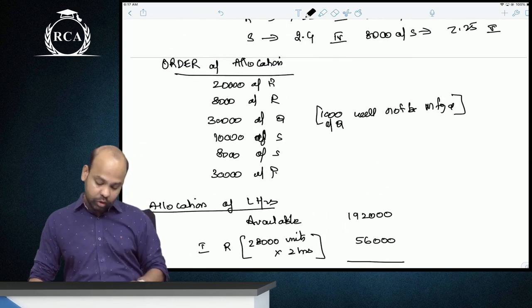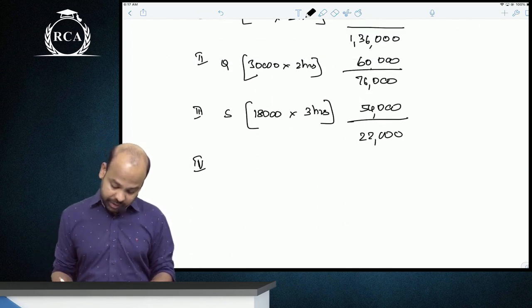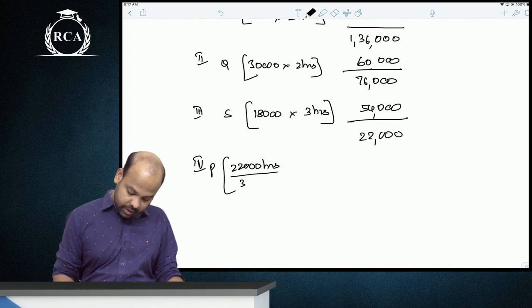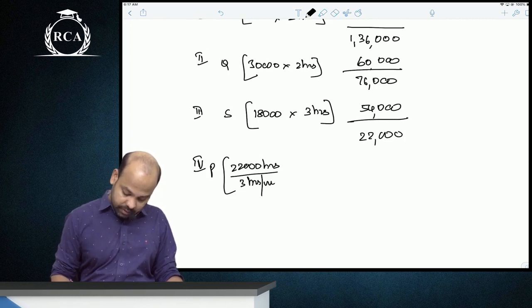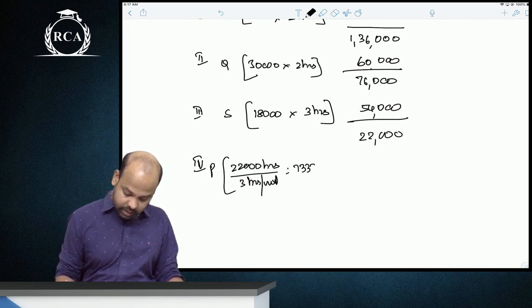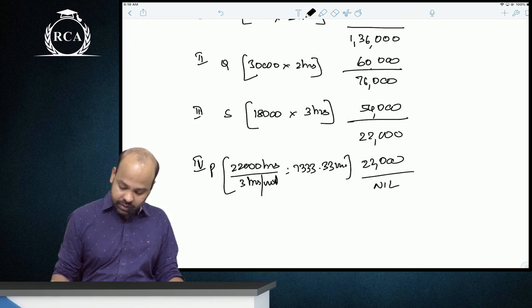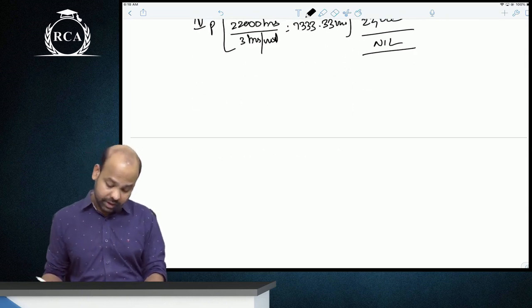I will not be able to cater to the entire demand of P. So for product P, 22,000 hours divided by 3 hours per unit would be 7,333.33 units.